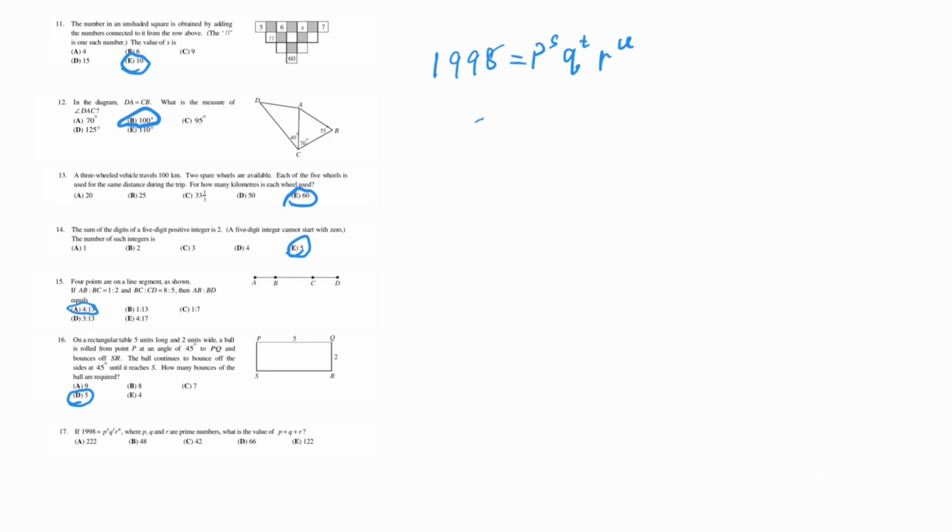So now we do the prime factorization of 1998. It is an even number, so divisible by 2. 2 times 9 is 18, and another 9, that's 18. 999 is divisible by 9. 9 is 3 squared.